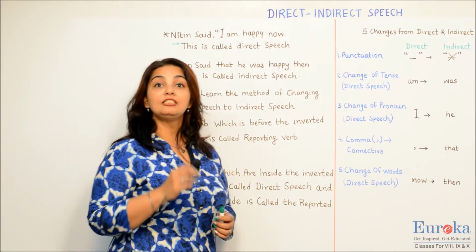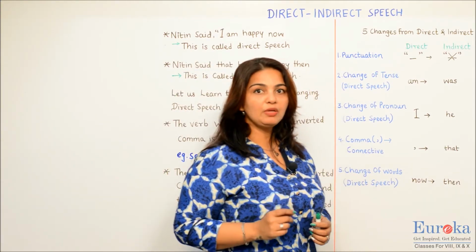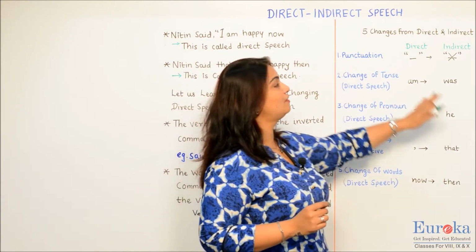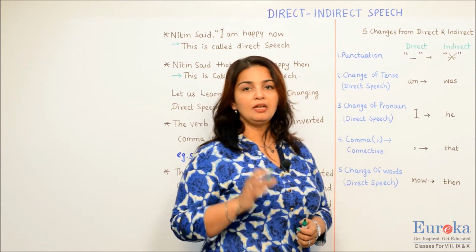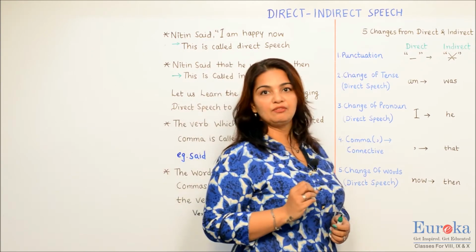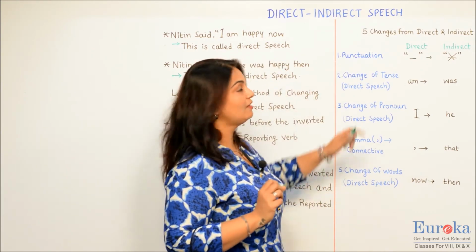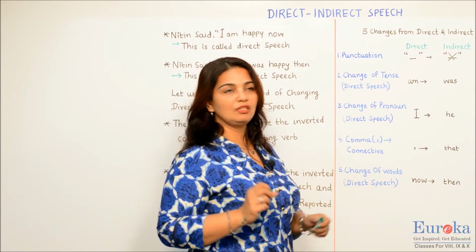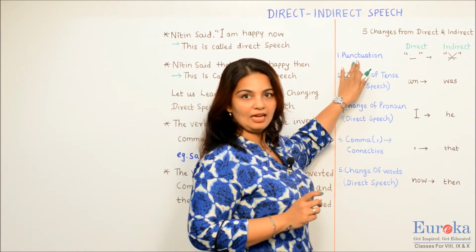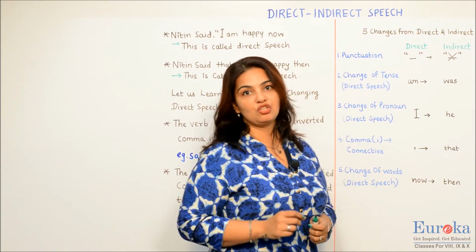So, to convert the sentence from a direct speech into an indirect speech, what we require is 5 different rules. Very simple. If you follow them, it is very easy to understand how we can convert a direct speech into an indirect speech. So let's look at the first rule. The first rule is punctuations. That means in the direct speech, the sentence will have certain punctuation marks.